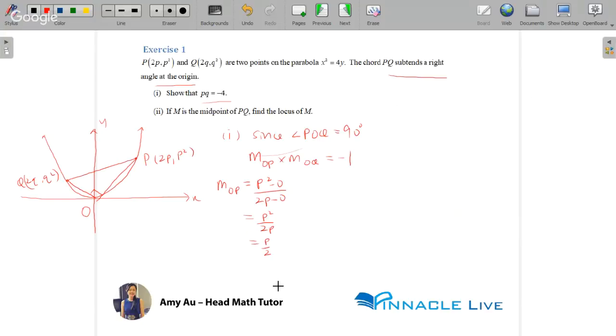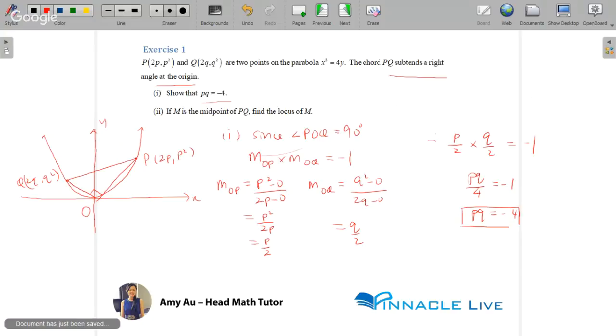So it's p on 2, okay? Now, obviously, OQ follows a very similar formula, so you can skip to the step that's just q on 2. Okay, all right, so therefore p on 2 times q on 2 is -1 because of the perpendicular condition. So pq on 4 is -1, pq is -4. That's it.